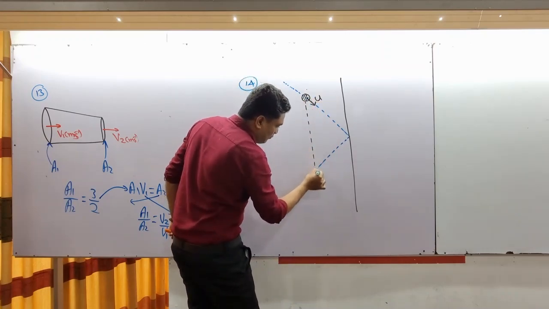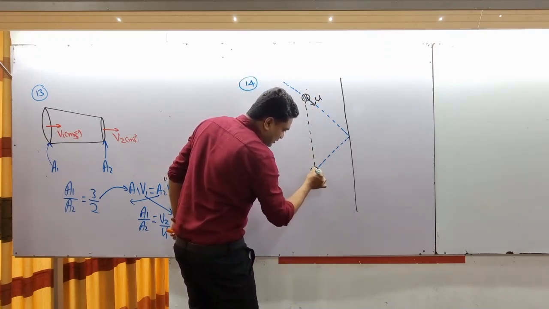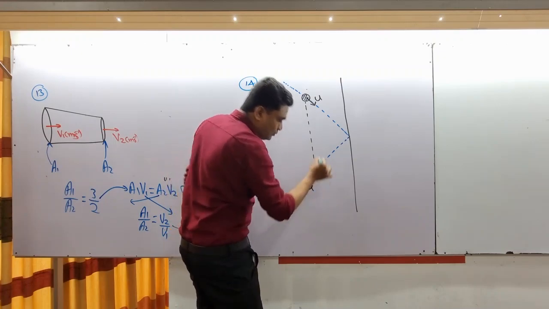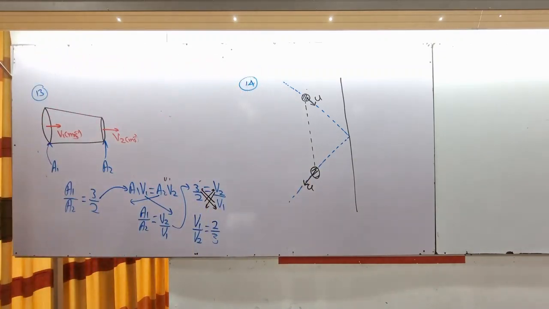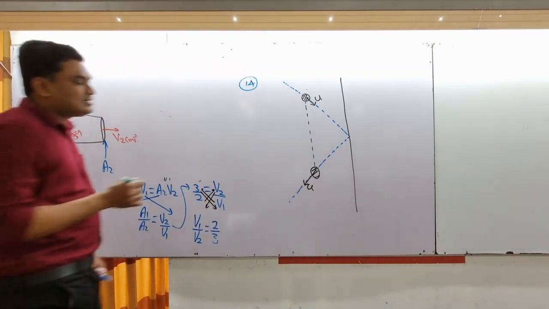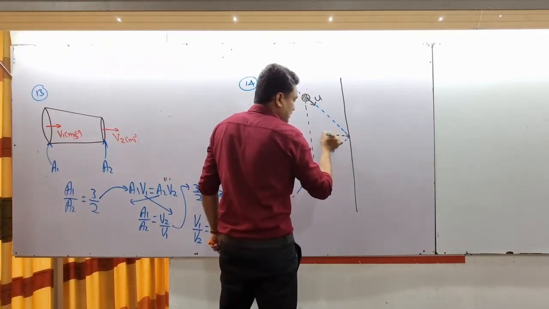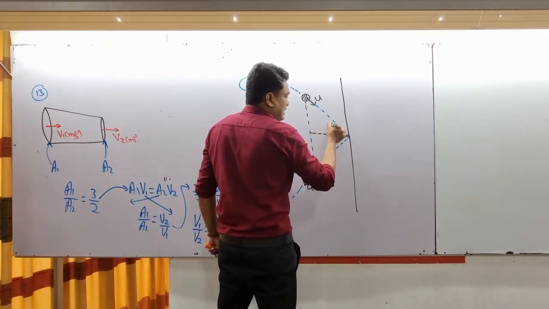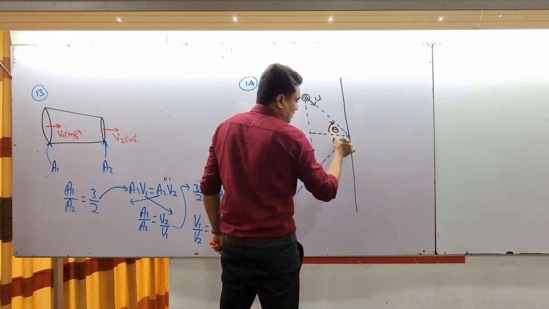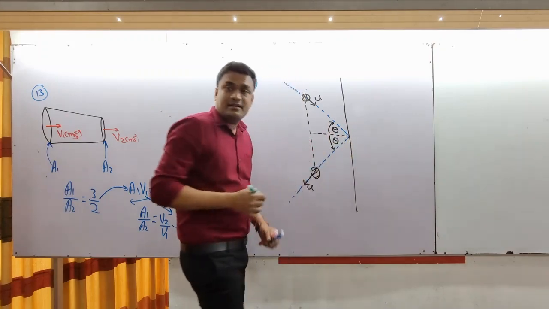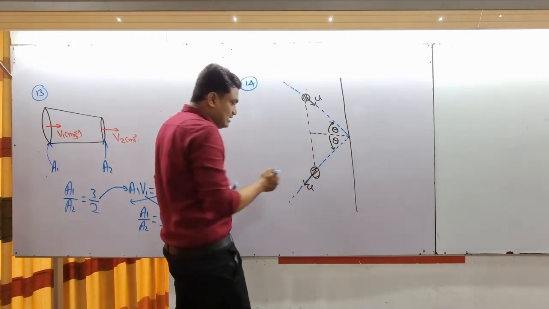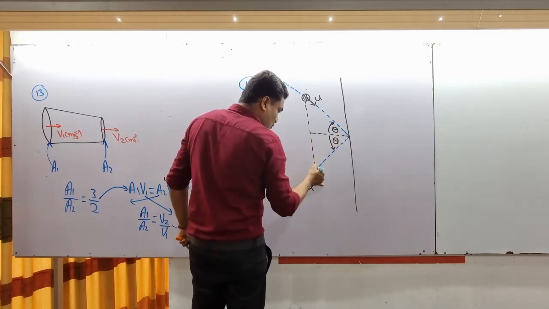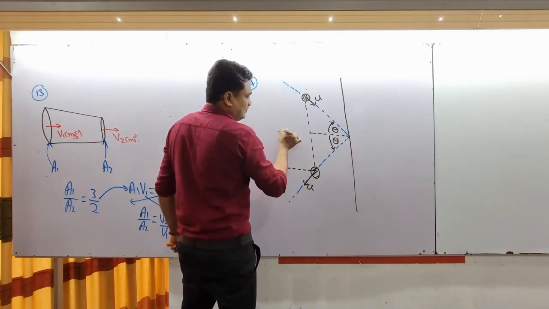It leaves with the same velocity u. What about the angles? This angle is given as theta. Look at the board. If this is theta, what should this angle here be?